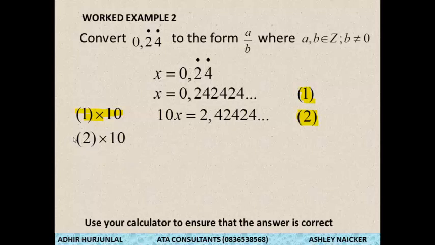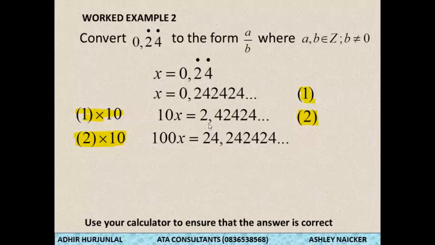I will take equation number 2 and multiply it by 10. Now this is interesting. Some guys might ask, why didn't you simply multiply by 100 one time? But I prefer that you keep multiplying by 10. If I multiply equation 2 by 10, I end up with 100x, 10 times 10.